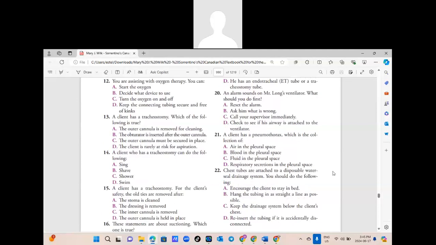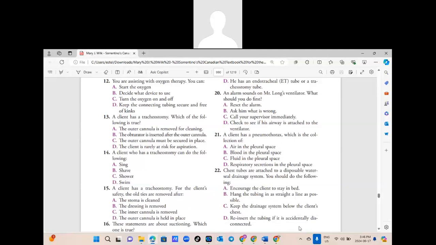Number 22. Chest tubes are attached to a disposable water seal drainage system. You should do the following. A. Encourage the client to stay in bed. B. Hang the tubing in as straight a line as possible. C. Keep the drainage system below the client's chest.